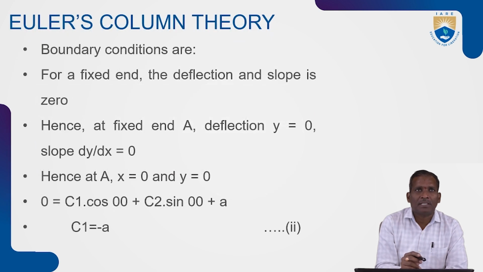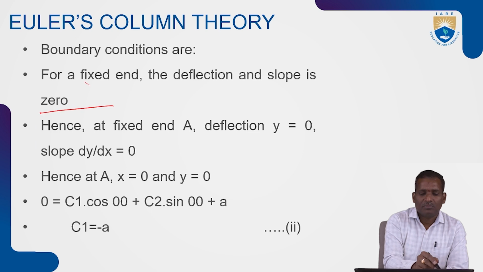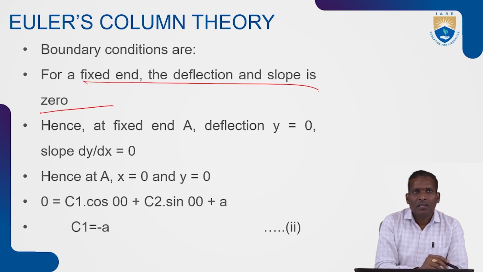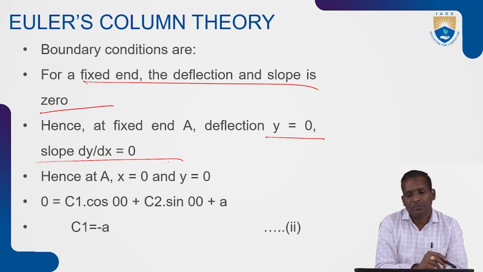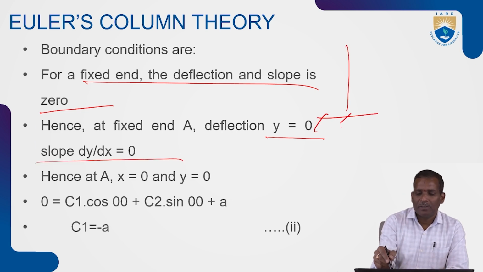What are the boundary conditions here? For a fixed end, the deflection and slope are 0. Hence, at the fixed end A, the deflection y is equal to 0 and the slope dy/dx is equal to 0. So at the fixed end there is no deflection, while the other end is free.